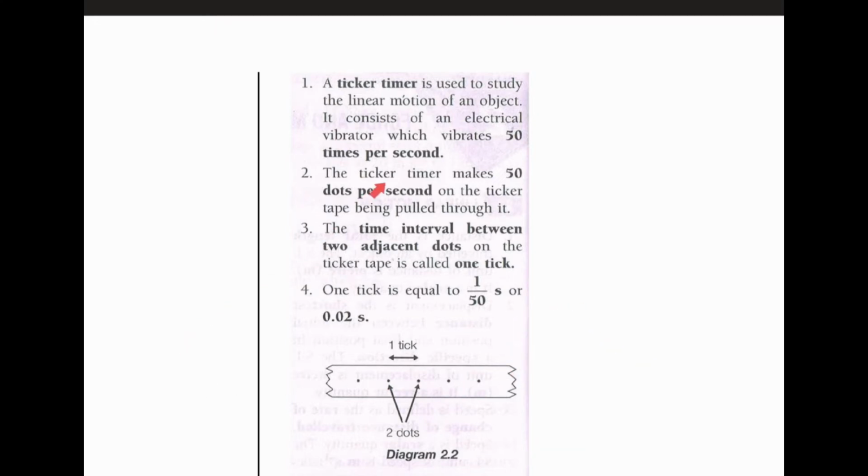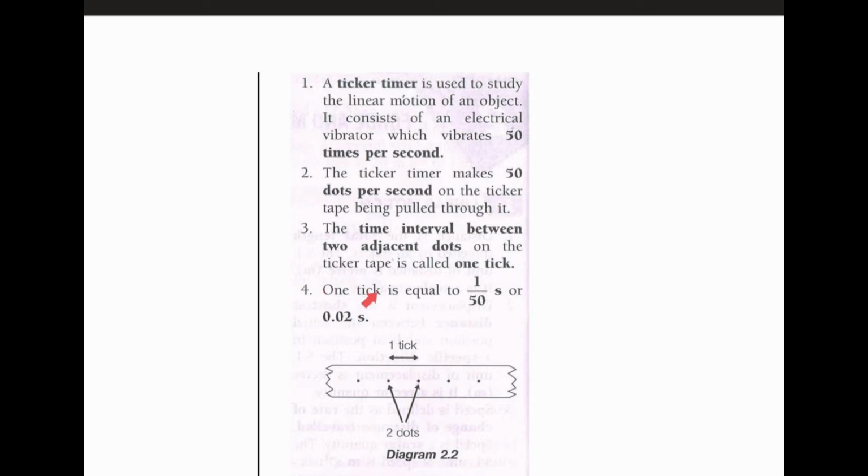Now we have to think about it. In 1 second, it makes 50 dots. So the time interval between two adjacent dots, that means two dots next to each other, on the ticker tape is called 1 tick. So this is 1 tick, the time interval between two dots.